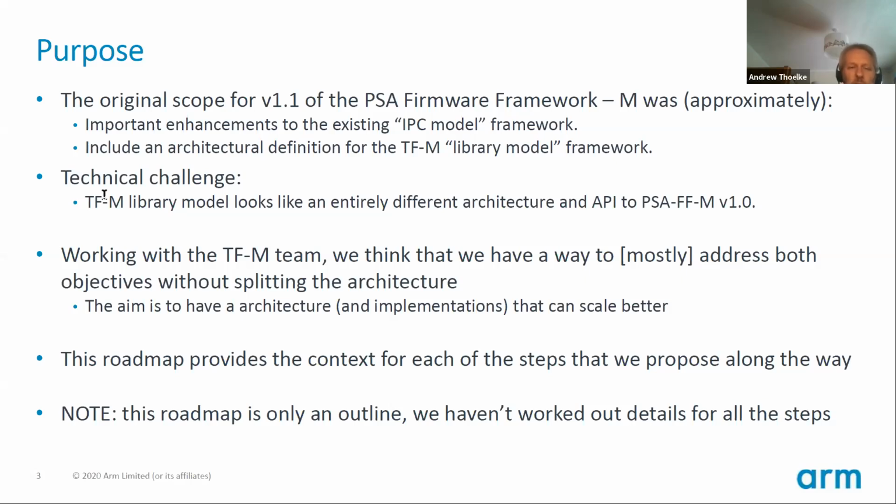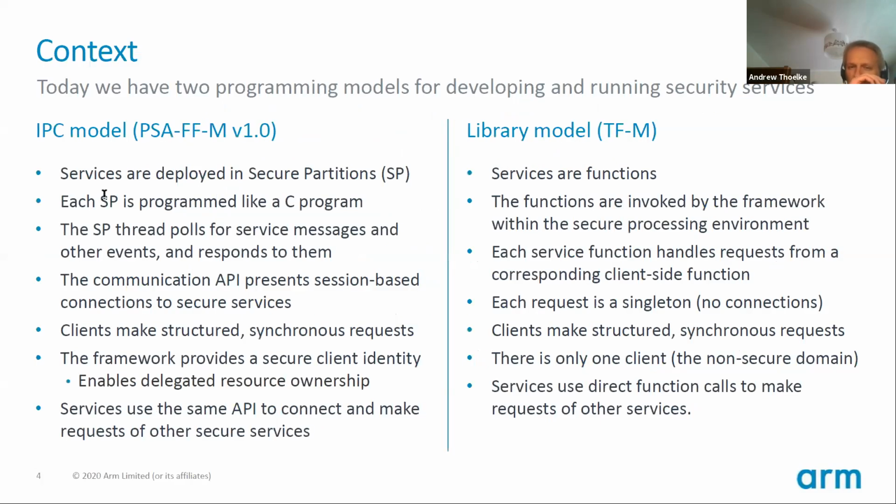At the moment, the roadmap is only an outline. We've thought in different levels of detail about some of the steps, and there's a fair bit of room for discussion and rethinking about the details. So don't look at this roadmap as exactly where we're going and how we're going to get there. We'll be finding our way as we go, and there'll probably be more presentations in this forum as we work out some of the details of the following steps.